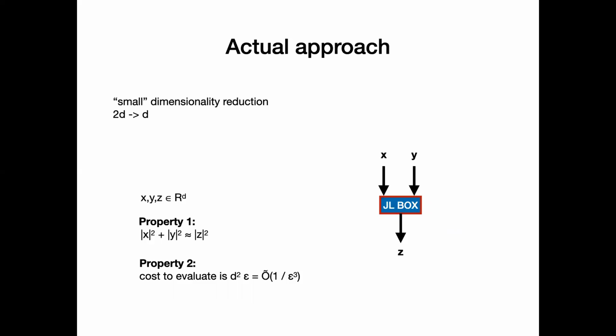So I like to think of it as a small rectangular matrix that effectively takes two vectors of dimension d and produces as an output one vector of dimension d, and the second norm is preserved. So the squared length of x and y is preserved in the length of z, and it's a linear map. And this map can be evaluated efficiently. If we remember that d is 1 over epsilon squared, this can be evaluated in time 1 over epsilon cubed. And it preserves approximately the second norm of the vectors.